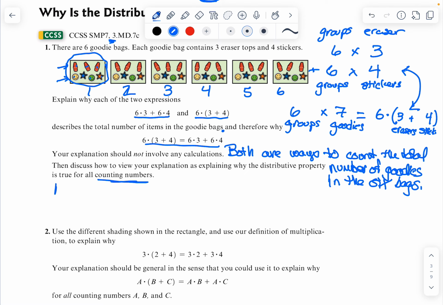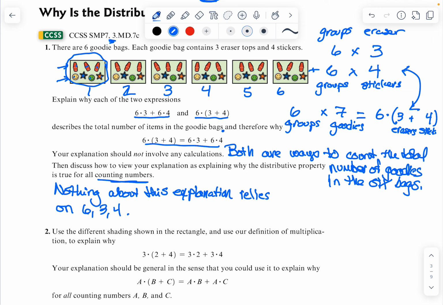Well, nothing about this explanation relies on 6, 3, and 4, right? There's nothing special about those numbers in our explanation. So the same argument would work for all A, B, and C.